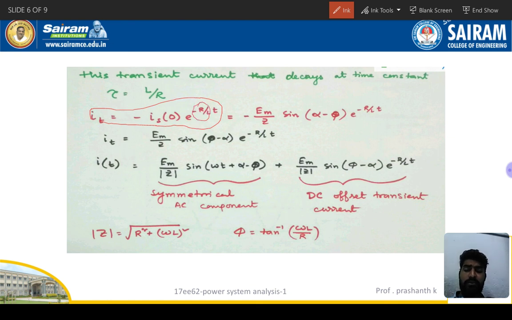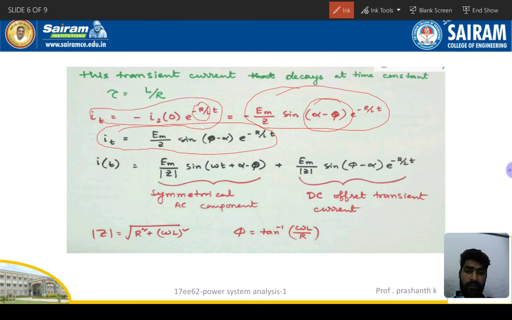This is the time constant L by R, and Em by Z, this equation you will get. I'll tell you how exactly you will get this alpha minus phi by seeing the diagram, the waveform. And i(t) is equal to this equation we got.